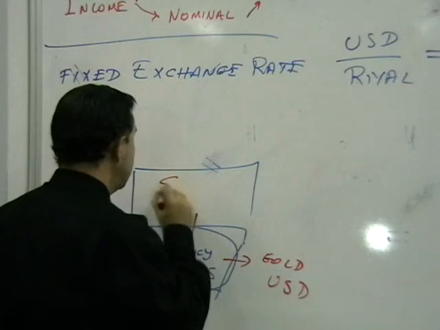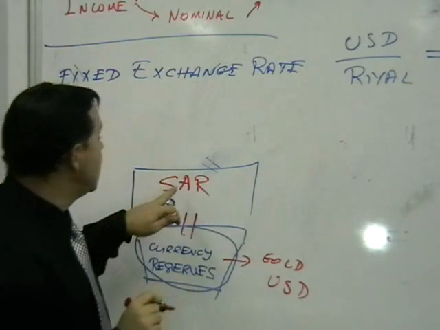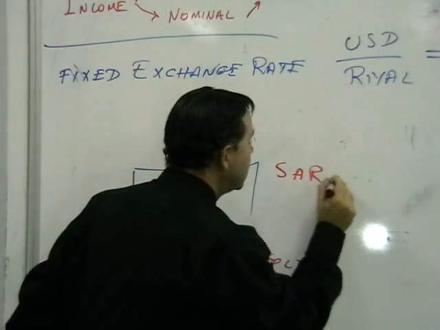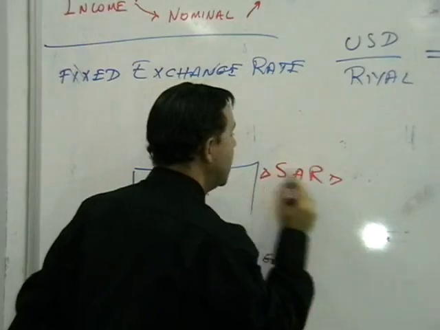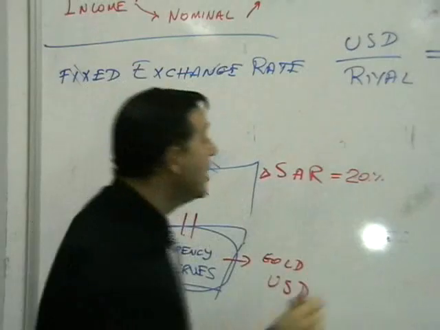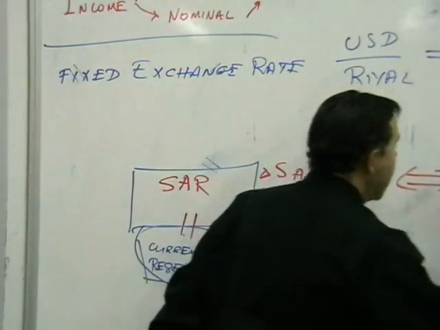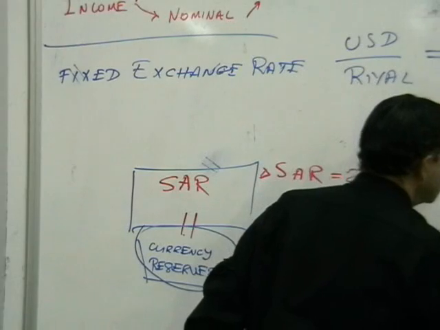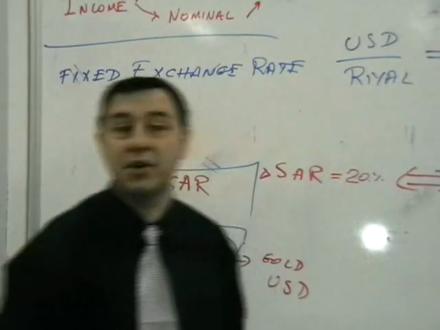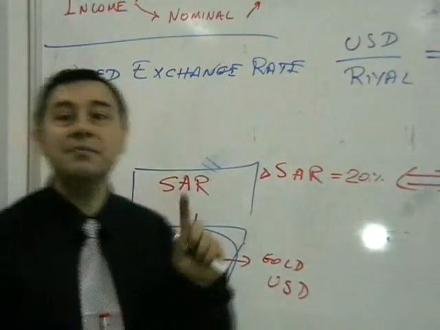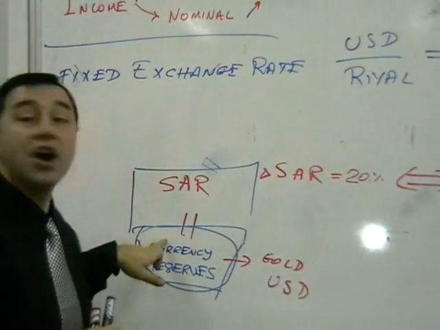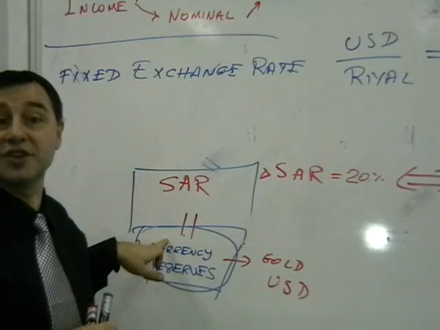If we call these SAR, standing for Saudi Arabian Riyal, if delta SAR equals 20% in 1 year, this certainly means that delta reserves equal 20% annually. So, the problem is number one, fixing the exchange rate, but also two, accumulation of reserves.